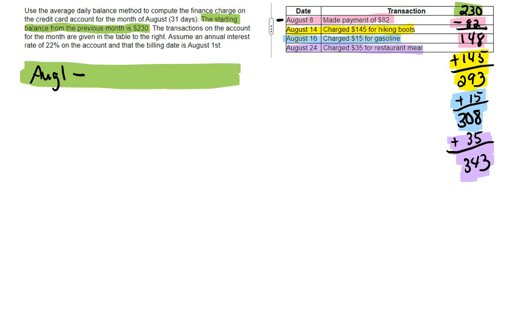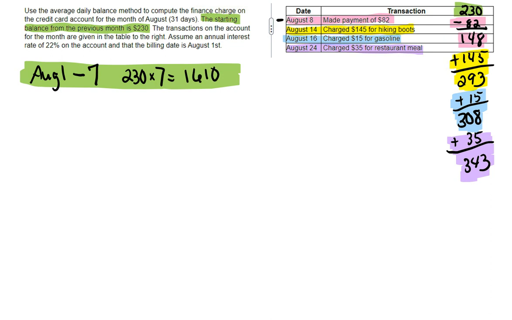So from August 1st to August 7th, your balance was that 230 times the first 7 days of the month. You can sit here and go 230 plus 230 plus 230, 7 times, but just use multiplication. So right now I'm up to 1,160.